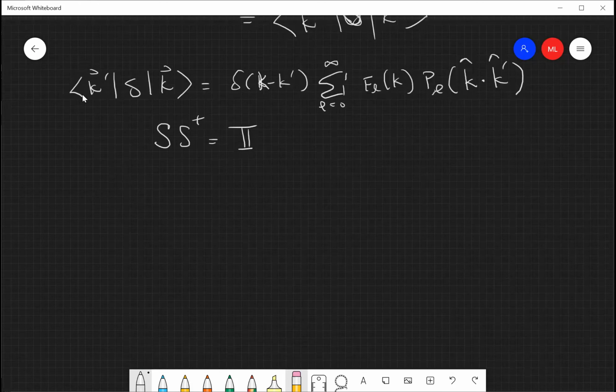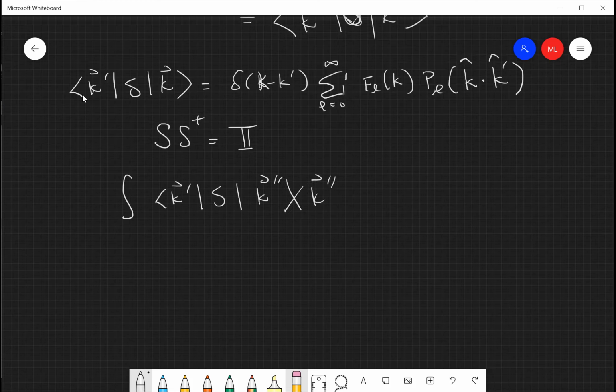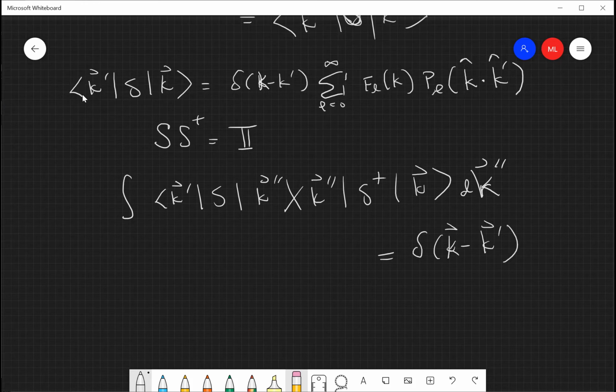In momentum space, you can put in a completeness relation for the momentum states. What you would get is a relationship such that this is equal to a delta function between k and k prime.